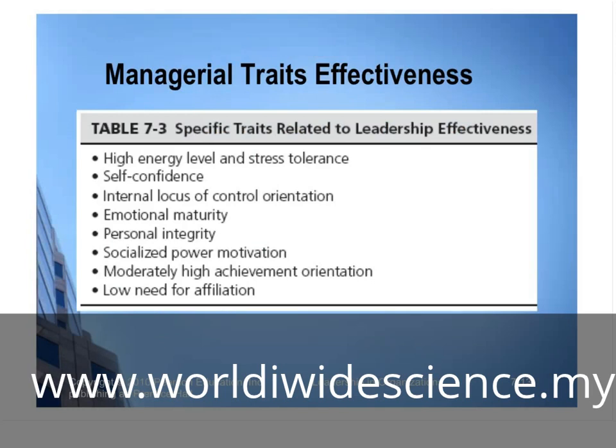So as you can see, the specific traits related to leadership effectiveness: you're talking about high energy level and a high level of stress tolerance. Self-confidence is there. Internal locus of control. Having control, internal control, and having control orientation.